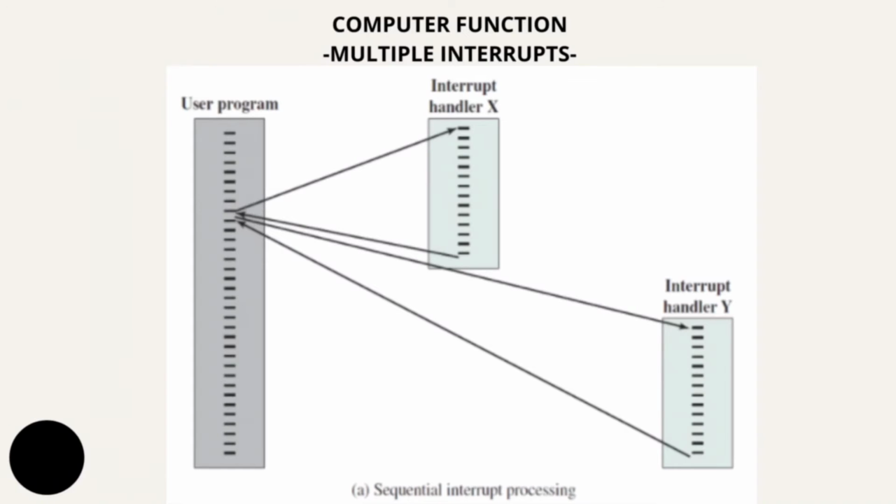Thus, when a user program is executing and an interrupt occurs, interrupts are disabled immediately. After the interrupt handler routine completes, interrupts are enabled before resuming the user program, and the processor checks to see if additional interrupts have occurred.